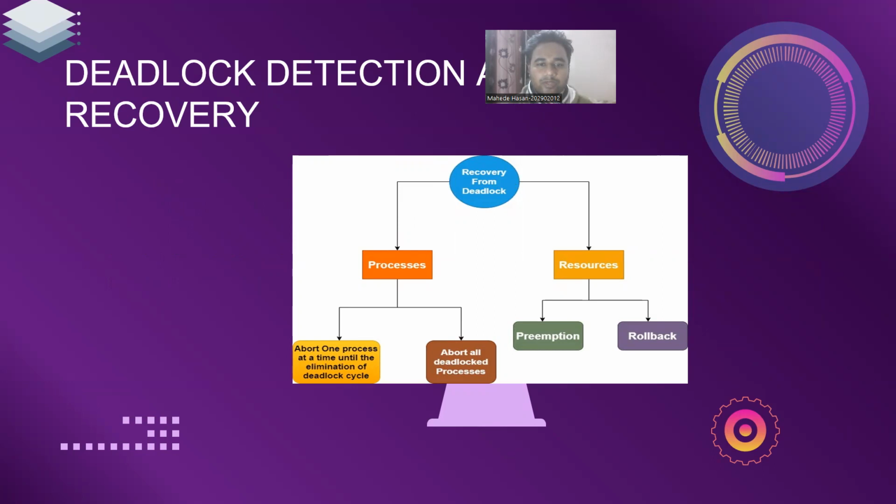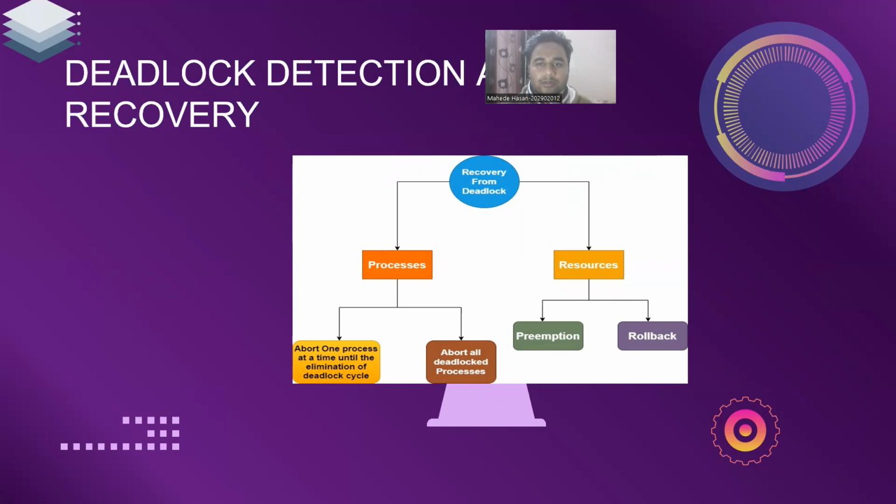The presence of a cycle in the graph is a sufficient condition for deadlock. Deadlock recovery: a traditional operating system such as Windows does not deal with deadlock recovery as it is a time and space consuming process. Real-time operating systems use deadlock recovery.